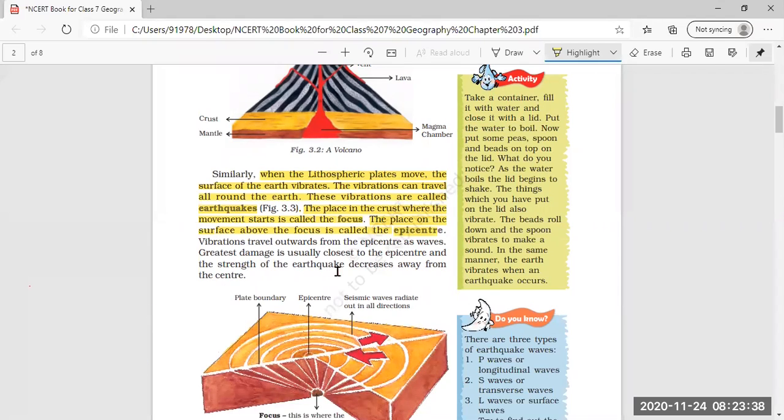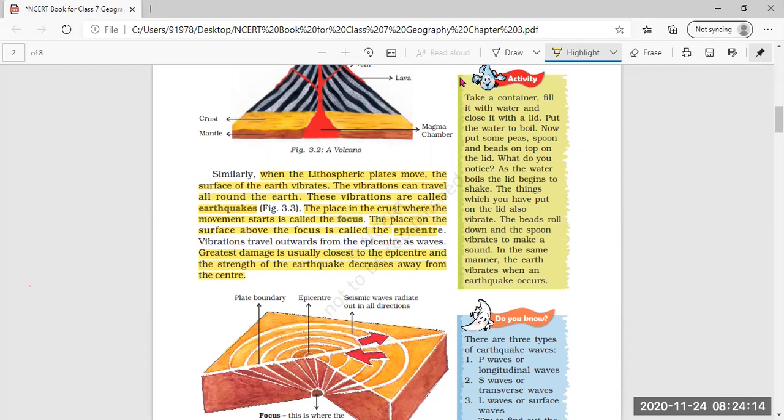The greatest damage is usually closest to the epicenter, and the strength of the earthquake decreases away from the center. So where is the greatest damage made? It is made usually at the epicenter, which is straight above the focus on the surface of the earth.